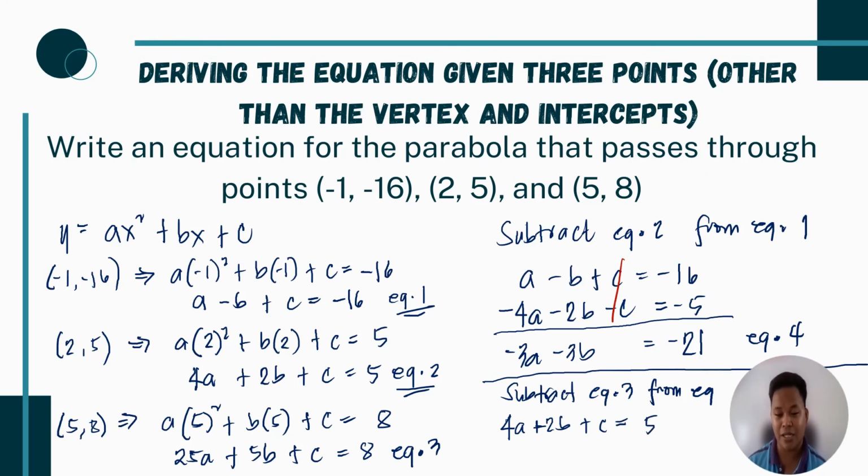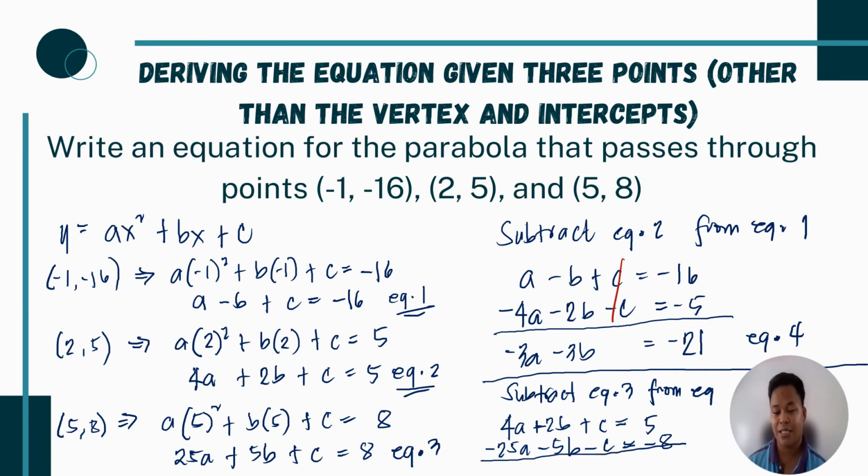And for our equation 3, to eliminate c, we're going to multiply all the terms in the left and in the right side of the equation by -1. So, it becomes -25a minus 5b minus c is equal to -8.